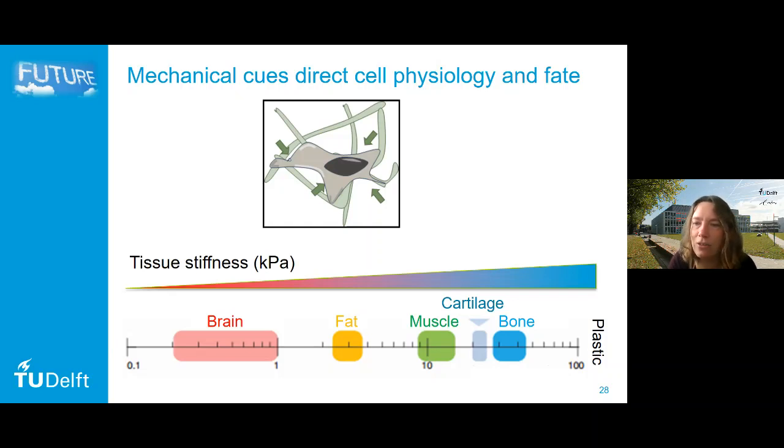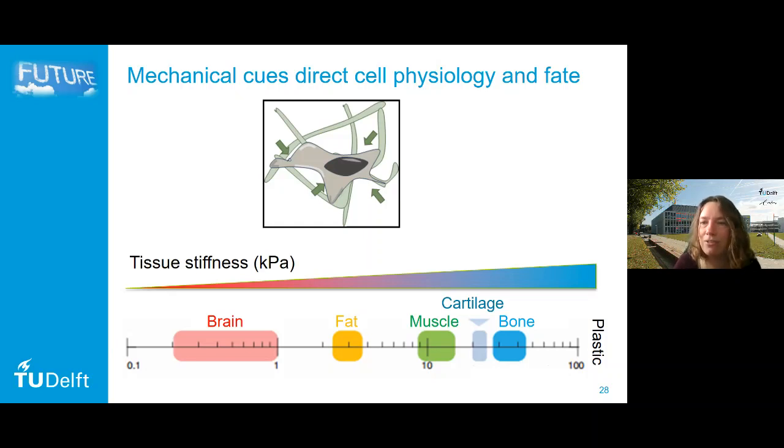So if you take cells and put them on a substrate, on a gel that has a different stiffness, similar to brain or fat or bone, you can actually trigger the stem cells to become more like a brain cell, a fat cell, a muscle, or a bone cell. So you can actually use the natural stiffness that we find in different tissues and use that to program cells.